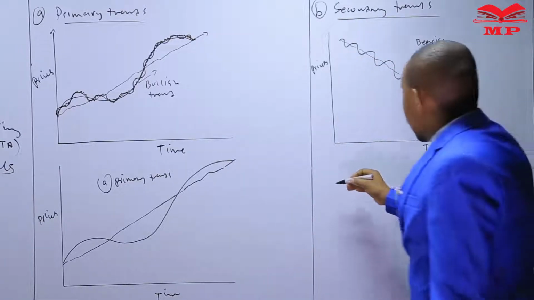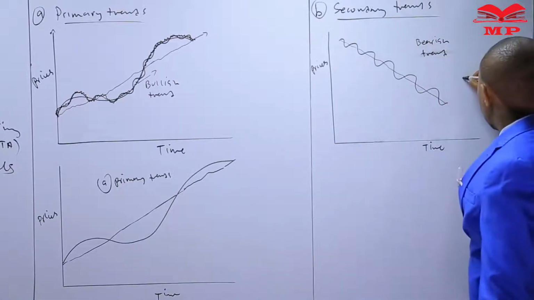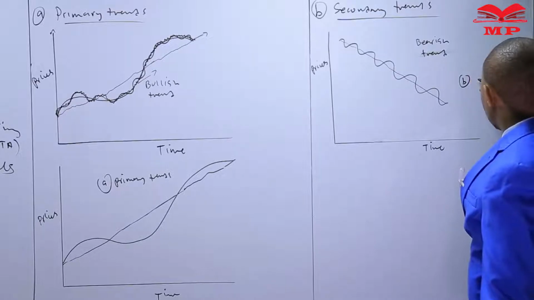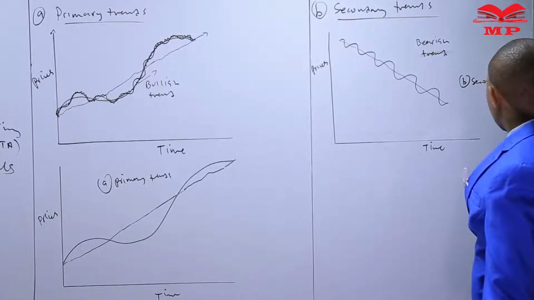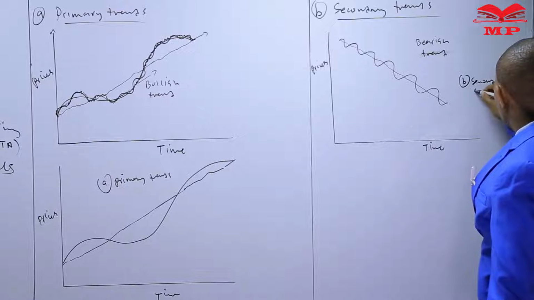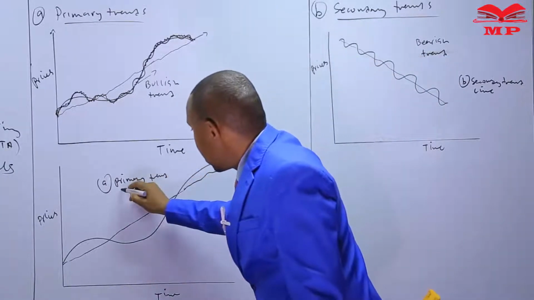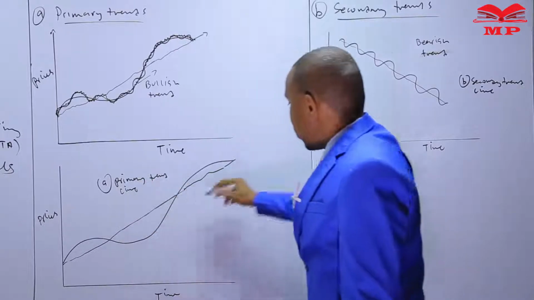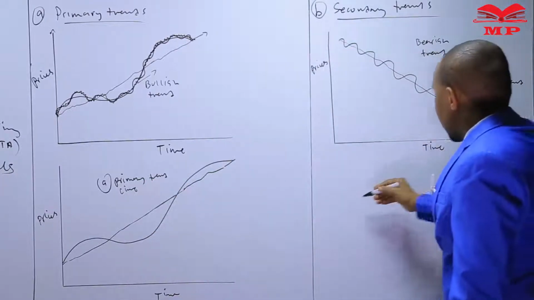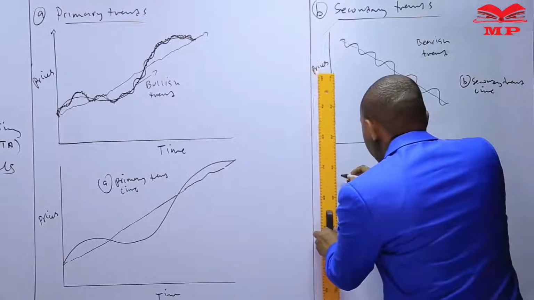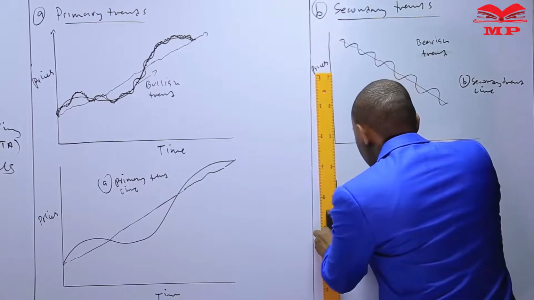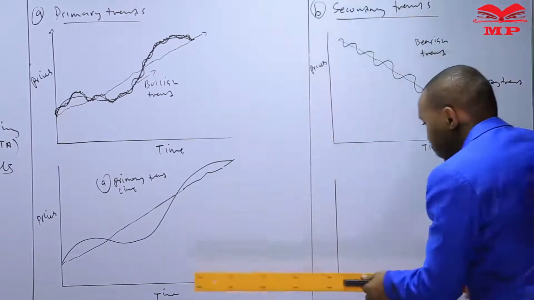So you can use B as the secondary trend line, but here is the primary trend line. Now we can finally draw the minor movements.